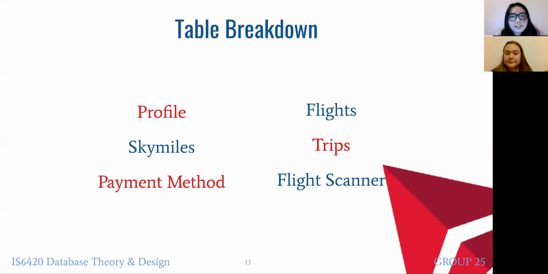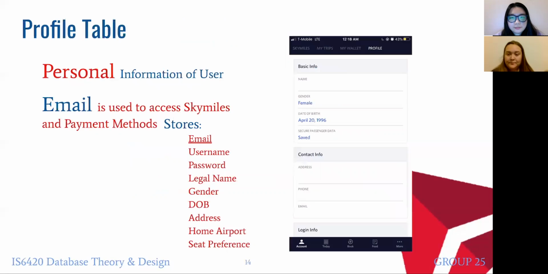We have created 6 tables for this project, which are profile, SkyMiles, payment method, flights, trips, and flight scanner. Our profile table is used to store personal information of the user, such as usernames, passwords, legal name, date of birth, address, as well as preference information like seat preference and preferred home airport.